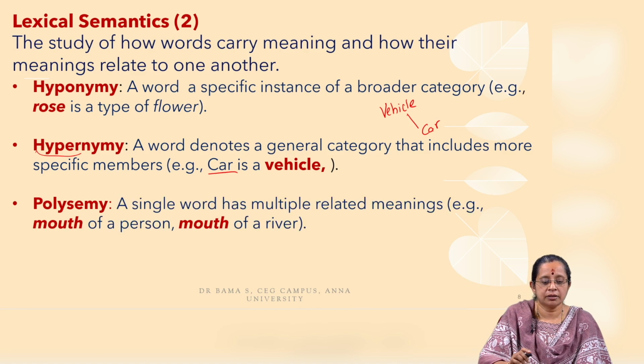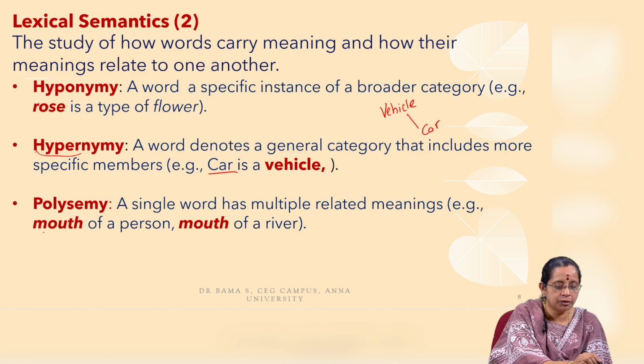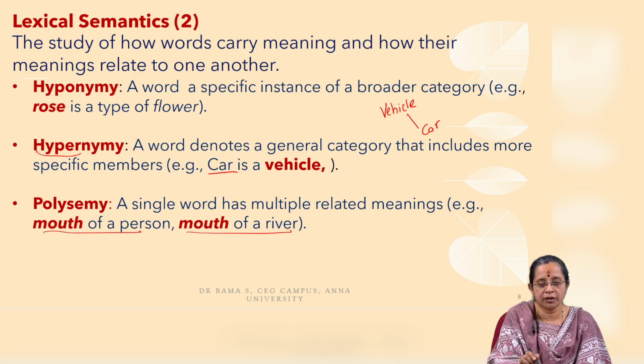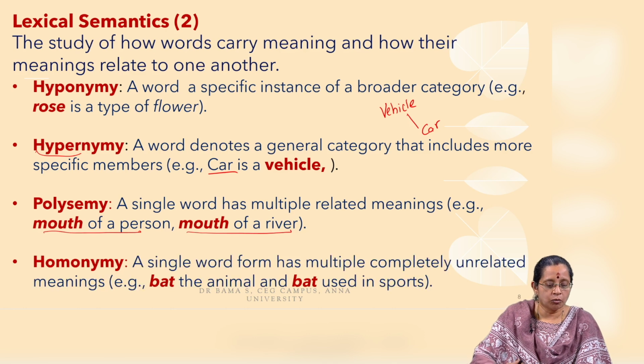Polysemy is a single word that has multiple meanings. For example, mouth of a person and mouth of a river, both are entirely different. Homonymy is a same word that has completely unrelated meanings. For example, bat, the animal, and bat, which is used in sports.